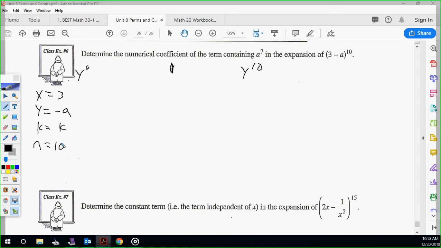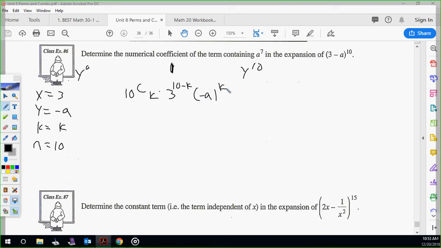In terms of our formula, it's going to be 10 choose k, times 3 to the n minus k, and then negative a to the k.